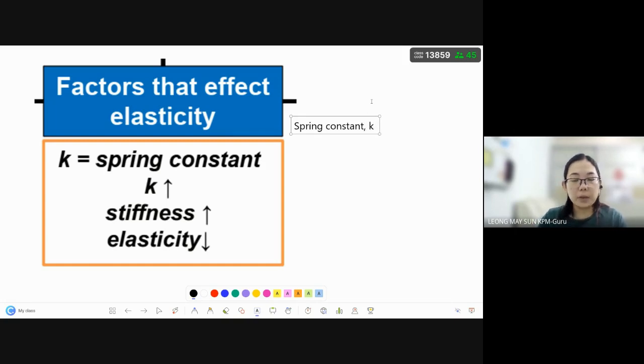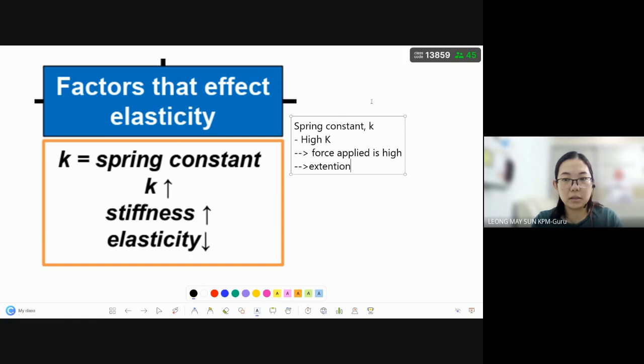If the spring constant is high, it actually means that the force applied is high, the extension of spring is low, meaning that we can consider it as more stiff.